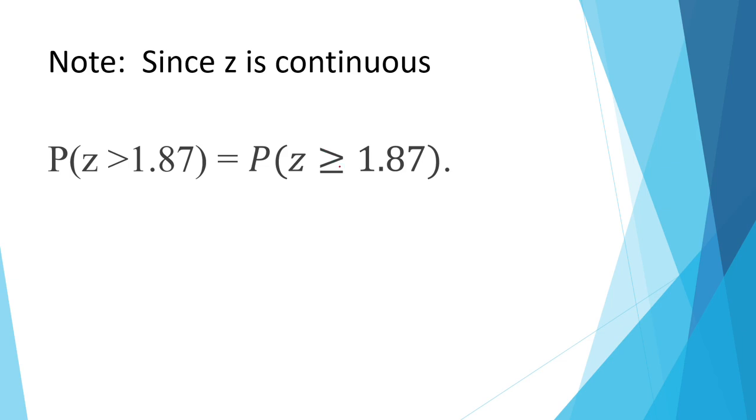So don't worry about the symbol greater than or equal. They will yield the same area. You only need to worry about that when you're talking about discrete distributions, such as the binomial and the Poisson distribution.